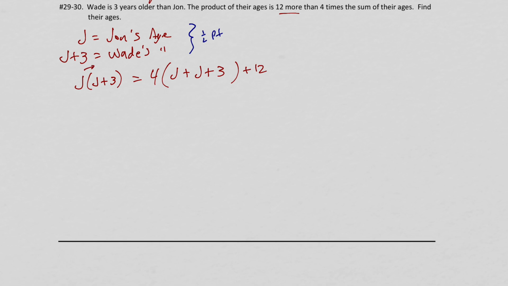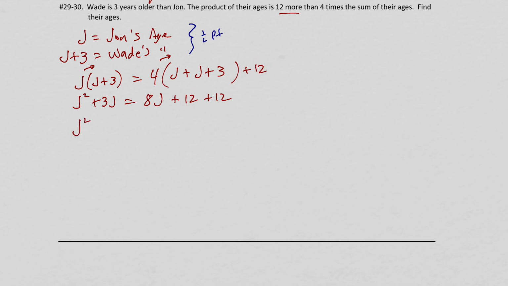So here I'm going to distribute, and I'll have J squared plus 3J. This is like 2J here. And so when I distribute this, 4 times 2 is 8J. I guess you could have put 4J plus 4J, and it would combine to 8J. But plus 12 plus 12. 4 times 3 is 12, and then you have plus 12.